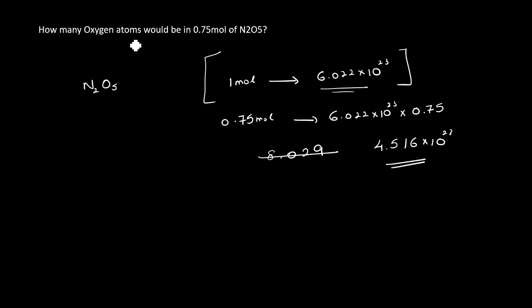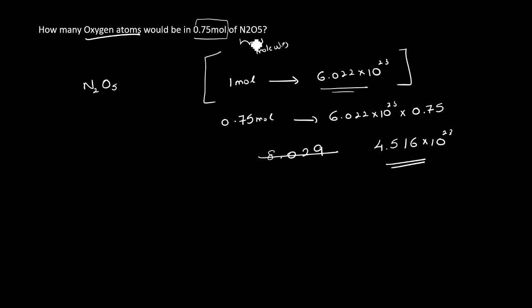They are asking about the oxygen atoms, right? Now there are 0.75 moles of N2O5 molecules. These are molecules, right? N2O5, nitrogen pentoxide molecules.